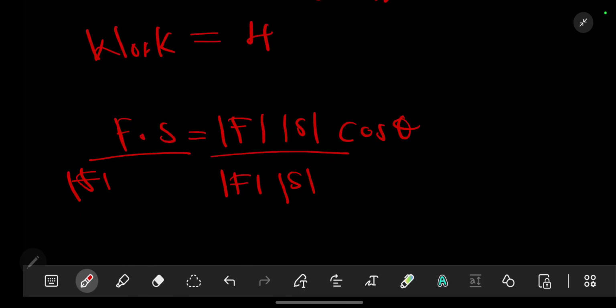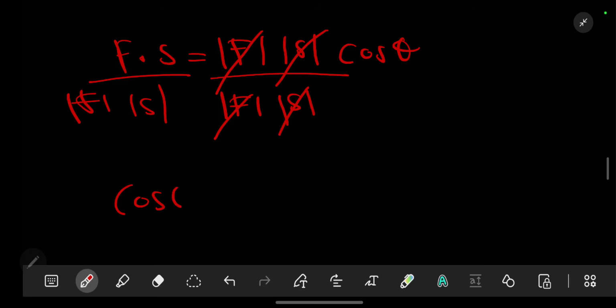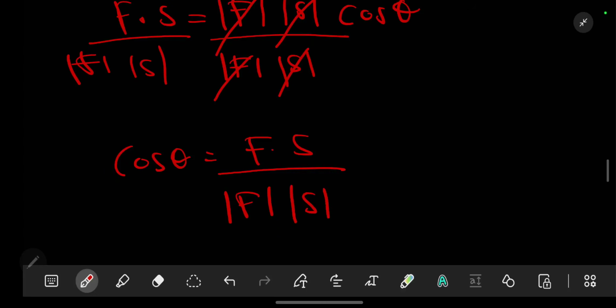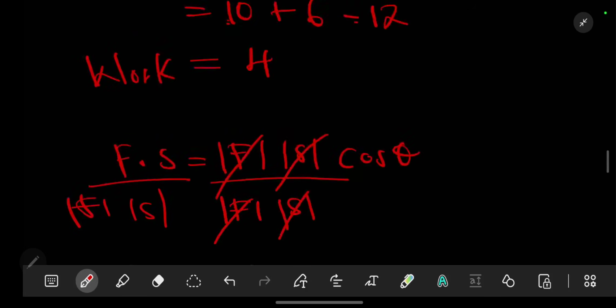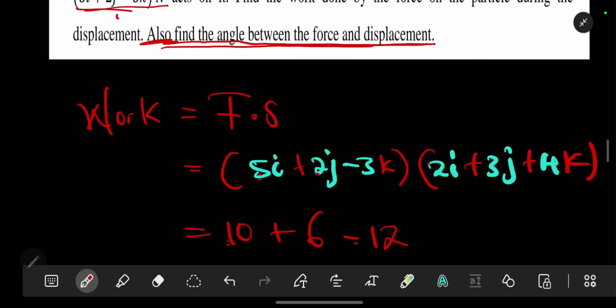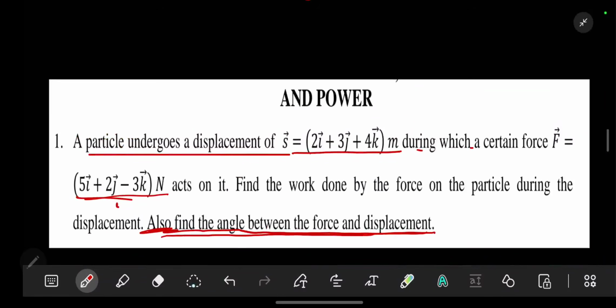After doing this, cosine of theta is equal to F dot S over the magnitude of F times the magnitude of S. So this is our cosine of theta. Then what we are going to do is find the size of each, the magnitude of F and of S, where s is equal to this.